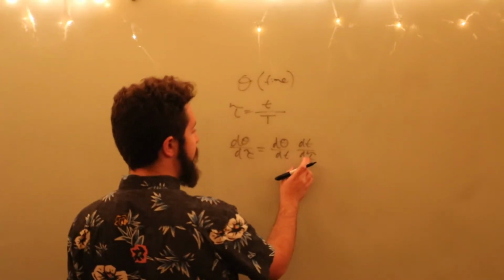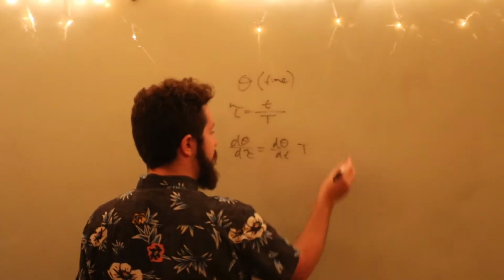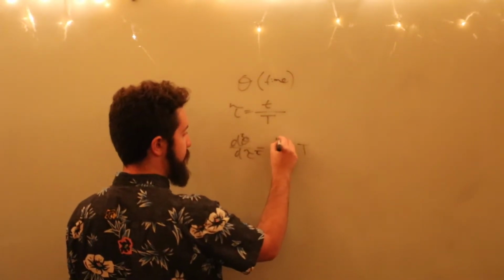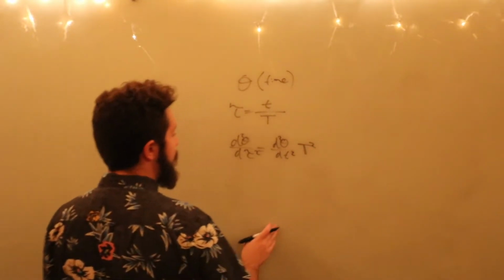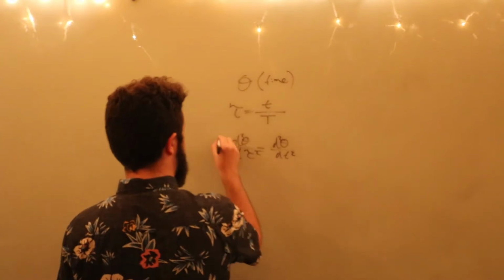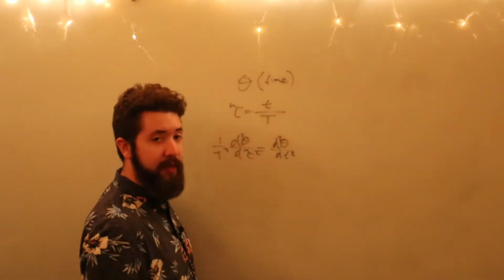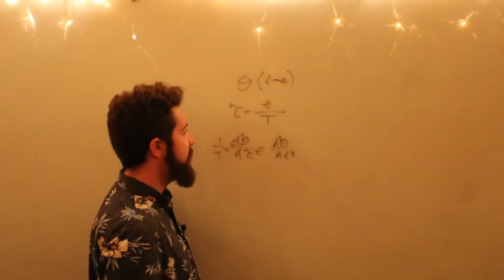And the derivative of t with respect to tau is just going to be equal to capital T. So if we take a second derivative then, this is going to be T squared. Another factor is going to come out. So that if we divide, we get 1 over the period squared times the second derivative with respect to tau is equal to the second derivative with respect to time t.